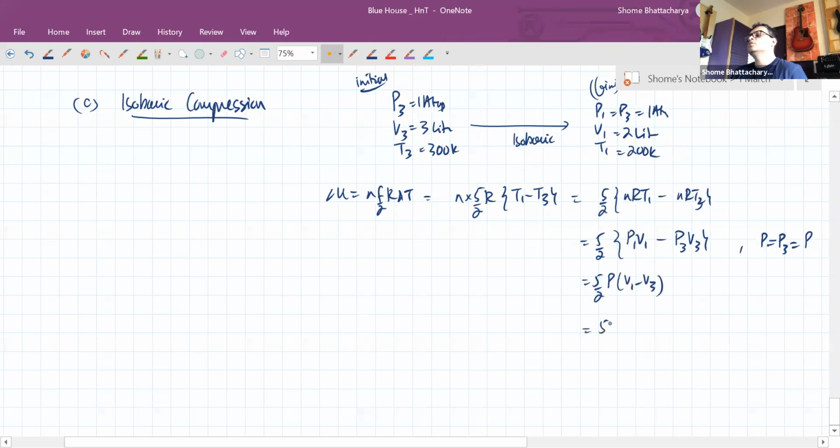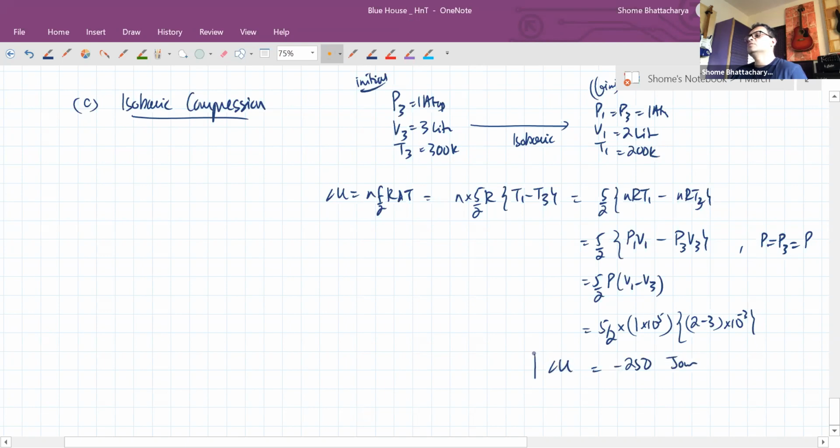So this is the easiest way of doing this calculation. So 1 atmosphere into 2 minus 3 liters. So that's minus 250 joules.